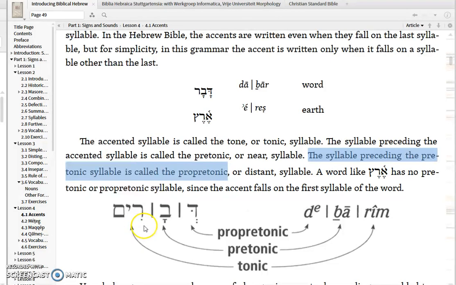Well, the tonic syllable is reem, the pretonic syllable is va, and then the propretonic syllable is de, devarim. And so there's three syllables, the tonic, the pretonic, and the propretonic syllable. And there you can see a transliteration of that.